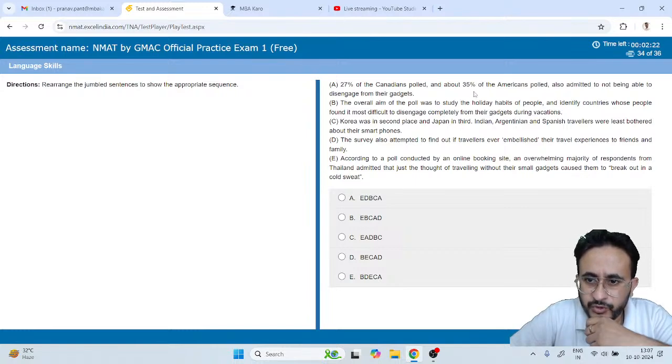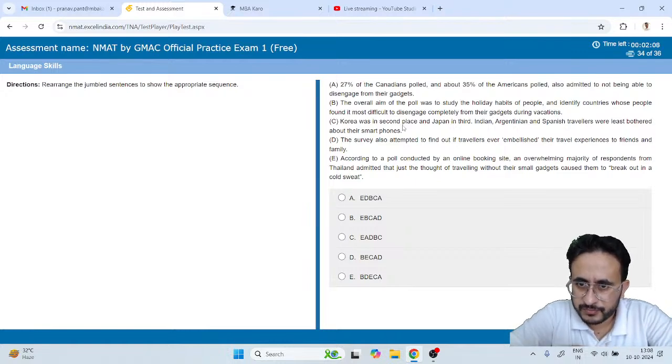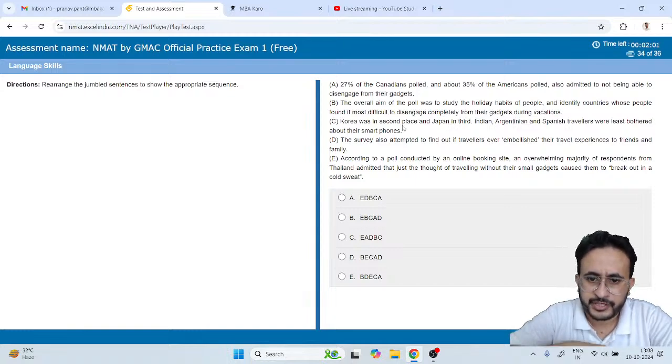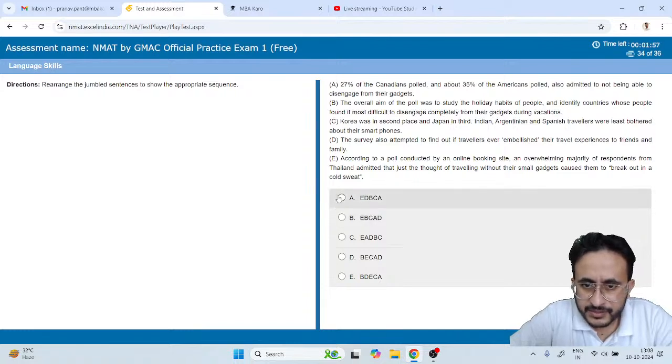27% of the Canadians polled, Americans polled. Overall was the second place and Japan in third. So it should be right first, like Korea was in the second, and third was Japan. So according to a poll, E should be the starting sentence, right?